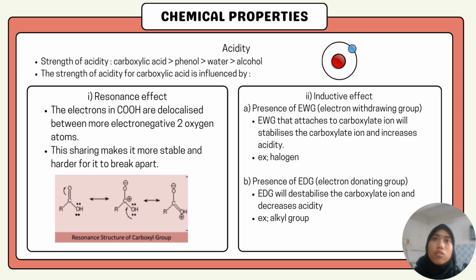So compared to other functional groups or molecules, carboxylic acid has the highest strength in acidity, and this is influenced by two factors. The first one is the resonance effect, and the second one is the inductive effect. So, resonance effect happens when an electron in a group can move around, or in other words, delocalize, or spread out over multiple atoms.